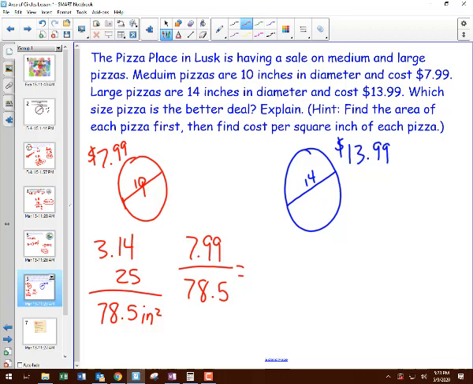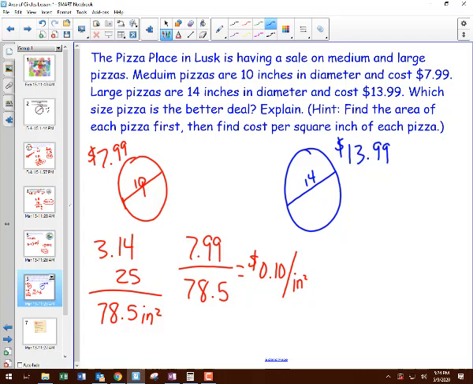When you do that, you are going to get about 10 cents per square inch. Okay, so basically what you just found here is in those medium pizzas, every square inch you're paying a dime. Okay, so now we have to do the same figuring on the larges.